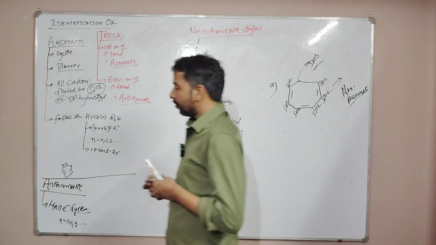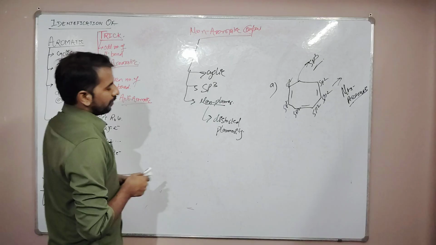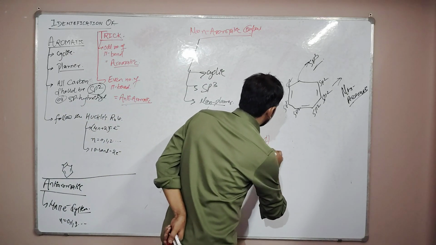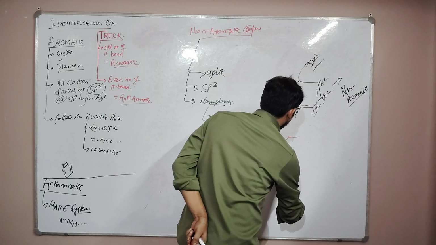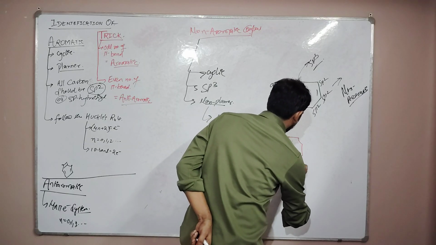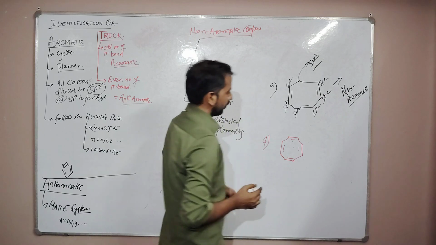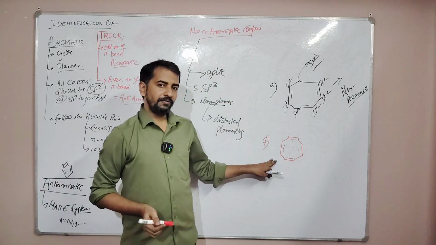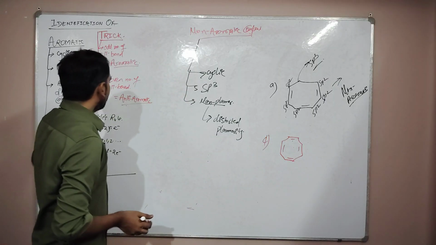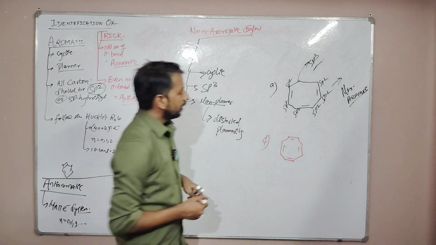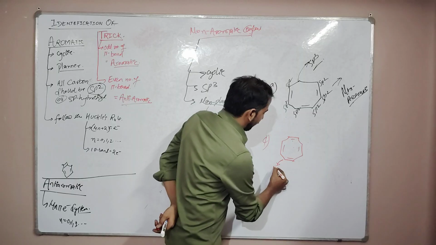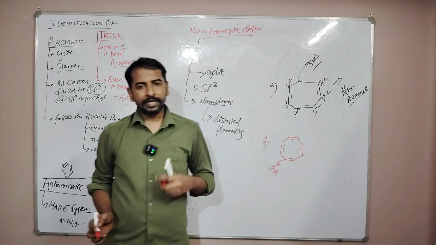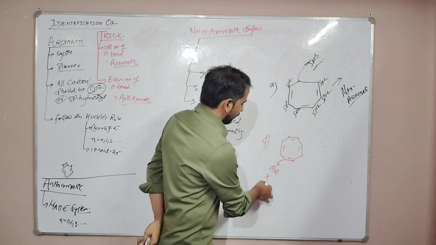Now we will take one very important example: cyclooctatetraene. If you follow all these rules, you will definitely get that it is an anti-aromatic compound, but that is wrong. Why?